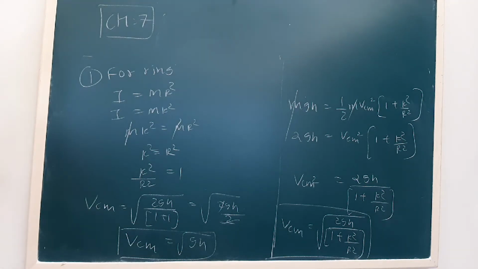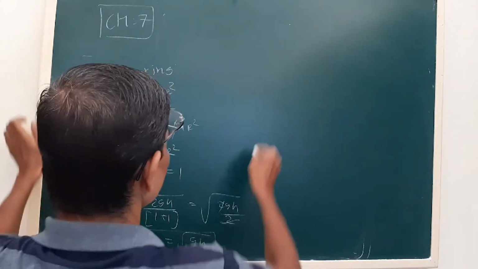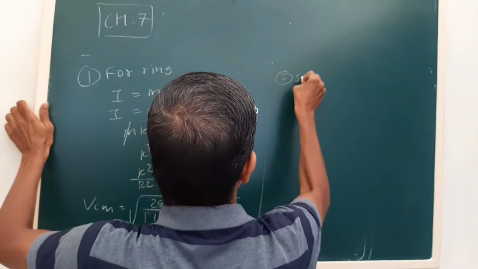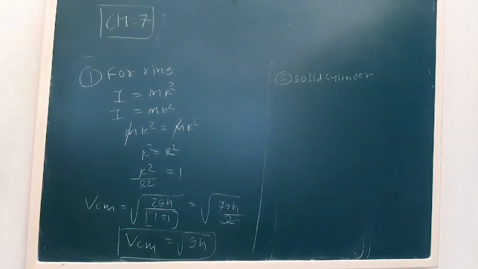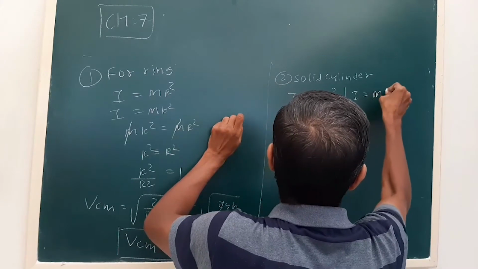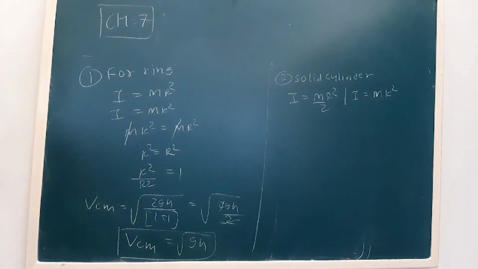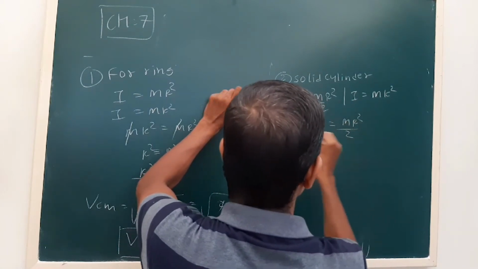Now see, next we have to see the solid cylinder. In all such cases, we have to remember the value of the moment of inertia for different objects, so we have to keep that in mind. For a solid cylinder, I is equal to mr square by 2. Again, I is equal to mk square, so if I compare, mk square is mr square by 2.